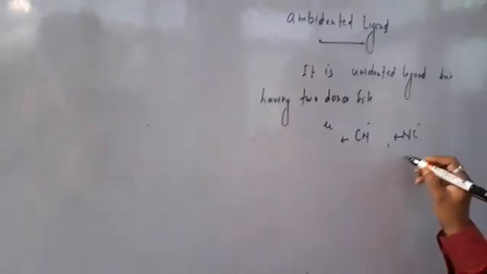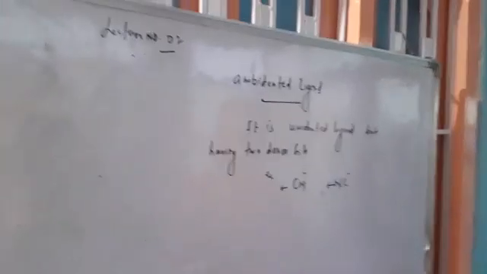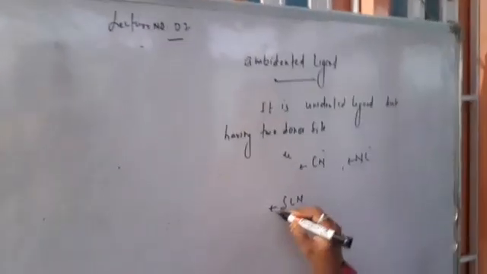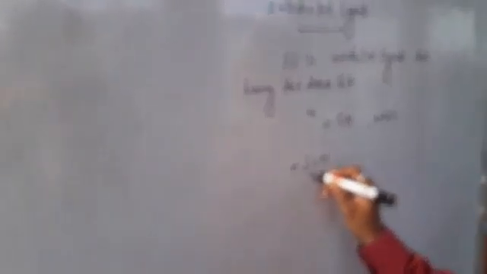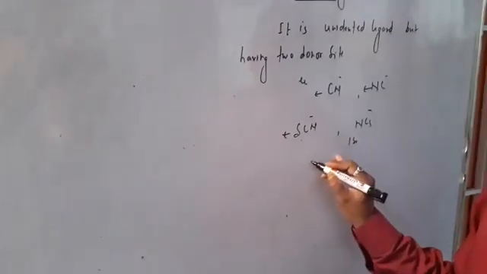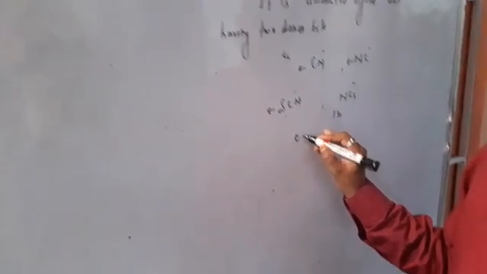If carbon is the donor, then it is cyanide, and if nitrogen is the donor, then it is known as isocyanide. Similarly, SCN-. If sulfur is the donor, then it is known as thiocyanate. If nitrogen is the donor, then it is known as isothiocyanate. This is the example of ambidentate ligands.